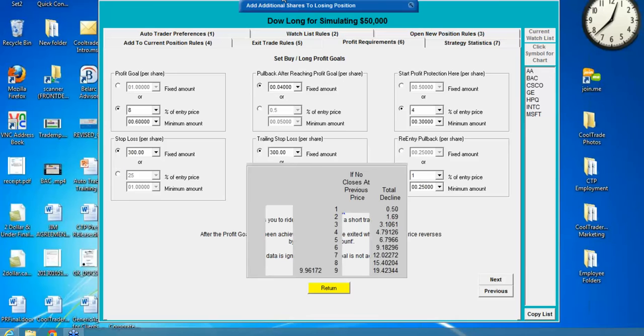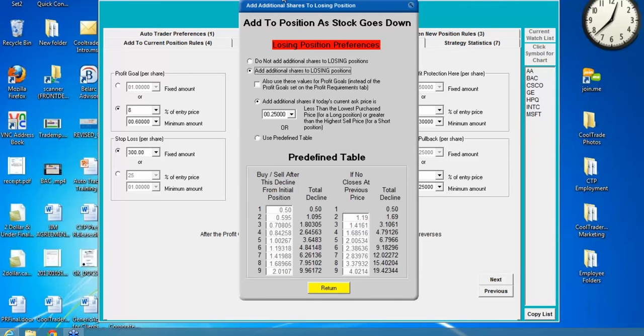So then we also have the declining preferences table. So if you were running a strategy and you wanted to add on 25-cent drops, so let's say that you're trading Bank of America, which is $11.50, I think, on Friday. And if it drops down to $11.25, you want to add another 100 shares.